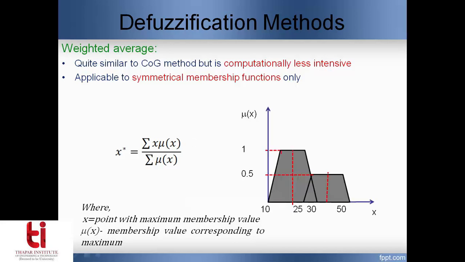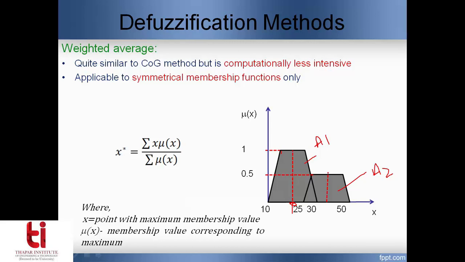So in this case, what is happening? This is one area I'm having. Okay, let this be A1 of the fuzzy set A which is constituting that, and let this area be A2. Now, to find the weighted average, I'll first consider A1. So what is the centroid of A1? I'll take the center point of that.